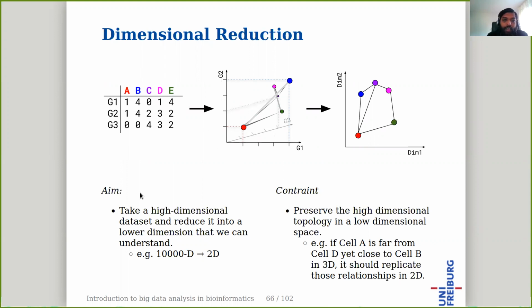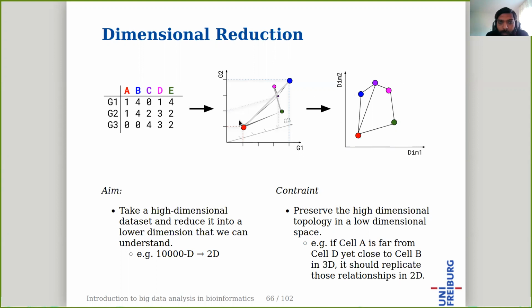So what we do is a dimensional reduction. We can use something like PCA to reduce from tens of thousands of dimensions to 2 dimensions, because 2 dimensions is easy to perceive. The main constraint here is that we have to preserve the same topology that you have in the higher dimensions also in the 2 dimensions.